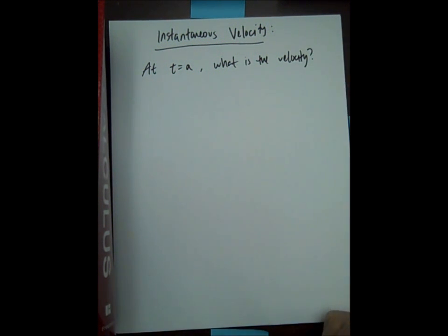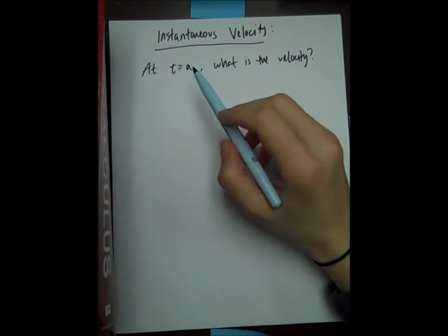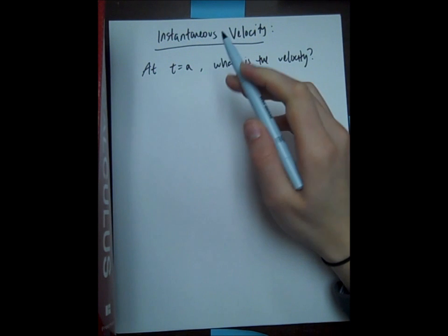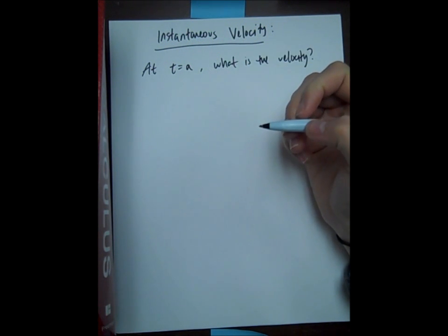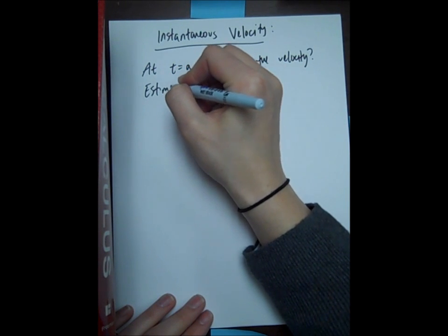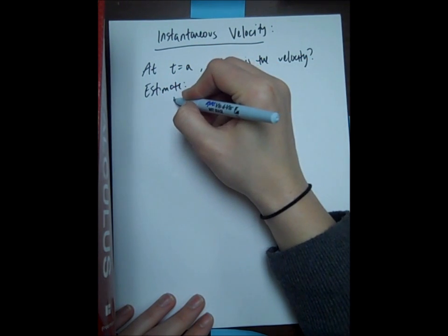So when we were doing average velocity, we were given two t values. So we would subtract the two positions divided by the change in the two times. But now what happens if we're just given one point and we want to find the instantaneous velocity there? We don't have another point to use. So for now, what we're going to be able to do is to estimate. And here's how you estimate.